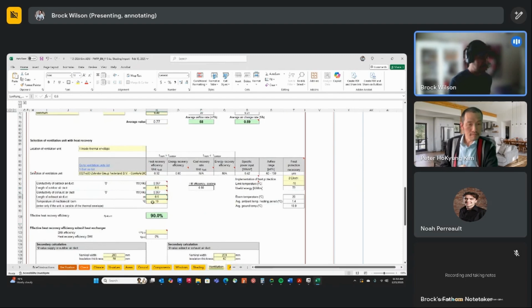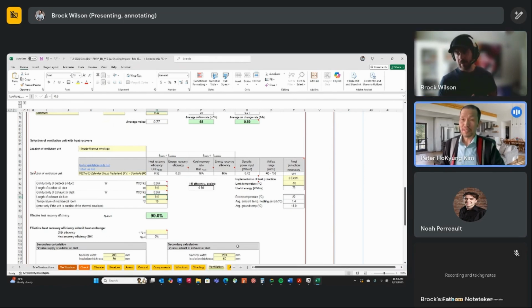In this sense, we've shown it in terms of a location, and we've seen that this does actually impact the heating demand as well. Ironically, depending on where, I just want to confirm your preferred location, Peter. Did you have a preference in terms of where the ERV would be located?